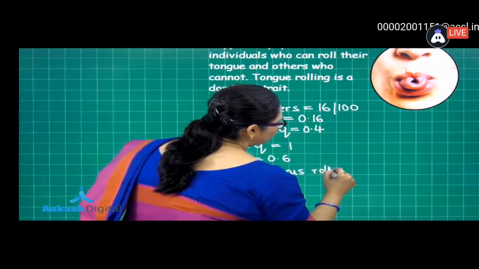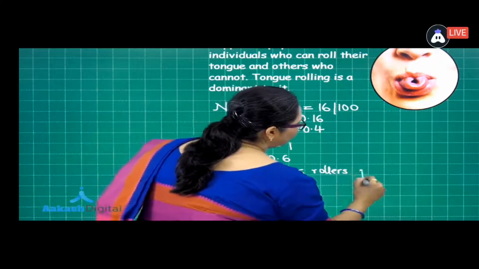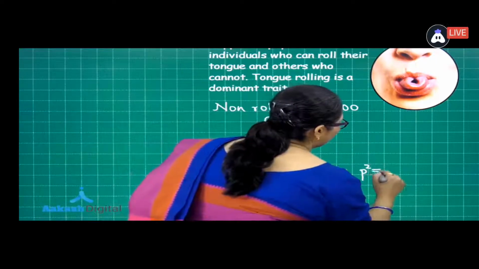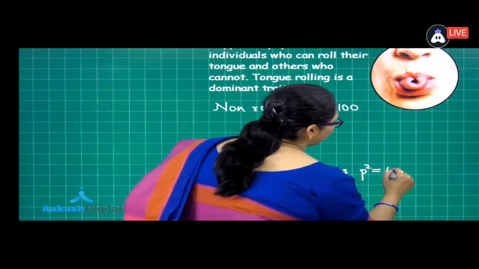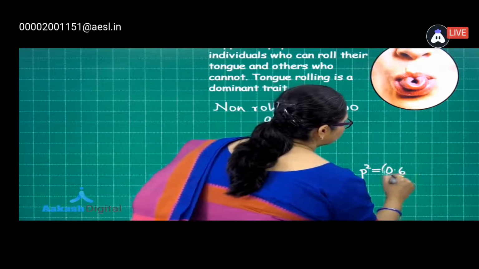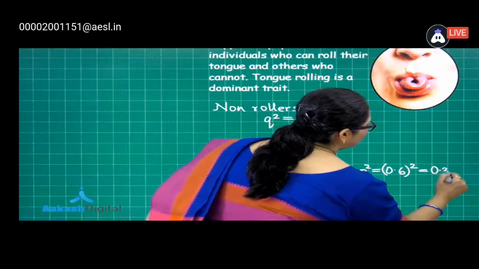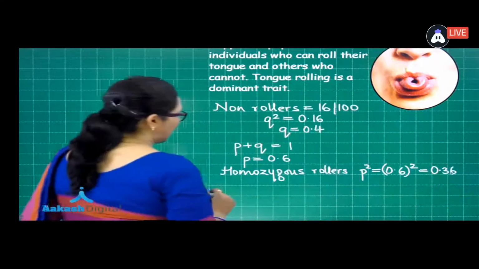Homozygous rollers, for this we require p², and we have just now calculated the value of p, and that is 0.6 whole squared. This will give us 0.36.